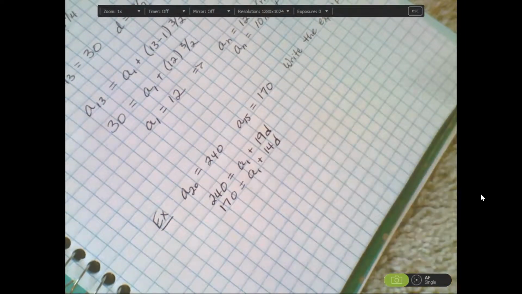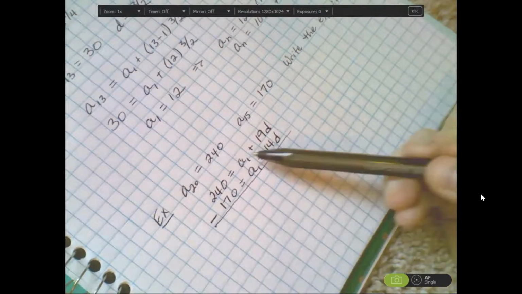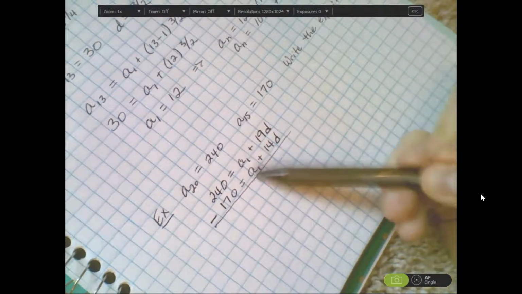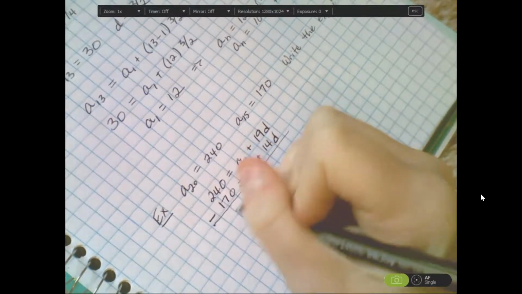So you could do this as a system of equations. I could set this up and subtract these, because when I subtract these, my A1s are going to cancel out. So 240 minus 170, that's going to be 70.